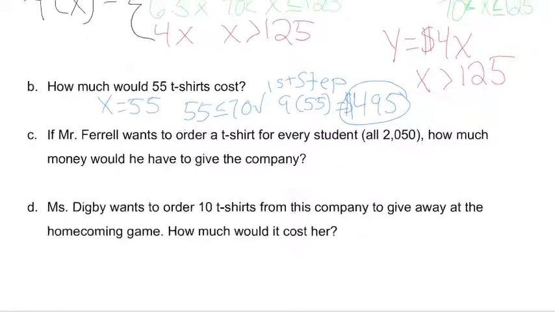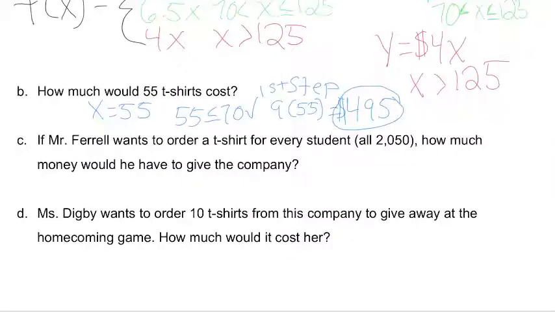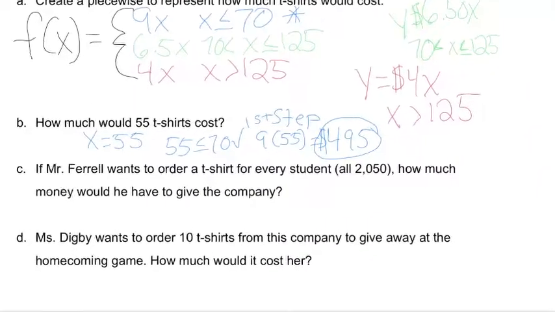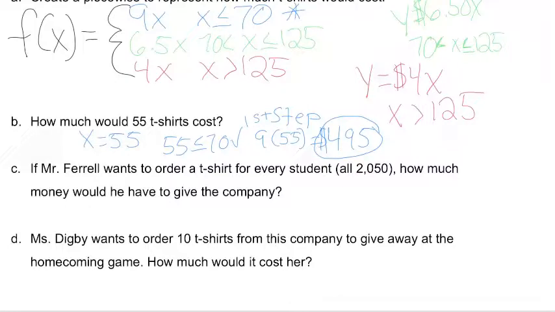Then C, if Mr. Farrell wants to order a t-shirt for every student, how much money would he have to give the company? So for this one, we have 2,050 t-shirts that we're ordering. So we're looking at the third step. Now, if you can't skip to the third step and know that it's above that 125, you can go through each step.